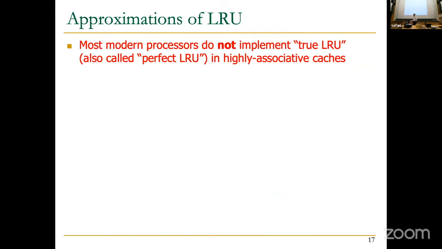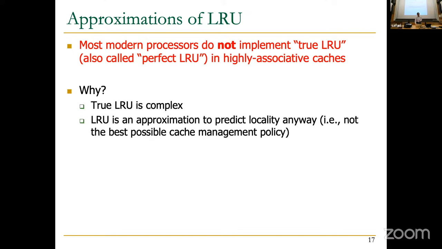That's why most modern processors do not implement true LRU, also called perfect LRU, in highly associative caches, because in some processors we have 128-way associative caches, for example. 64 is very common, 128 is less common, but it exists. Actually, there are 2 reasons why processors don't implement perfect LRU or keep track of the perfect ordering. One is true LRU is complex.